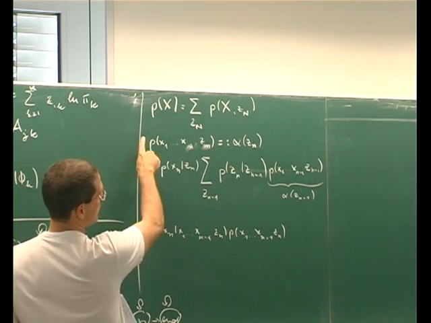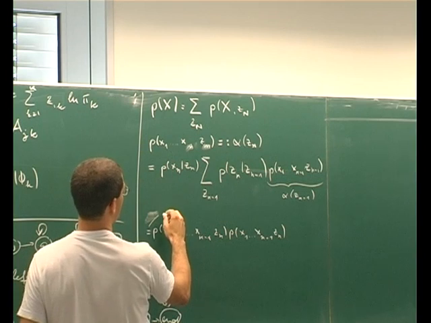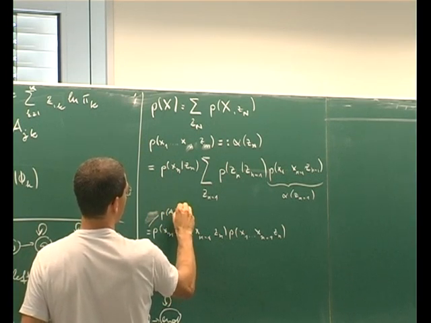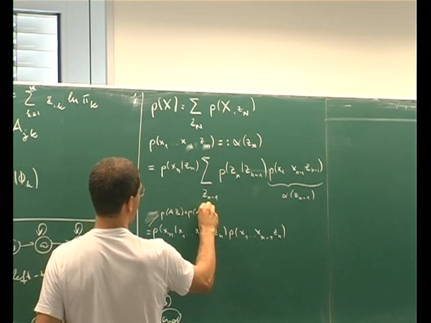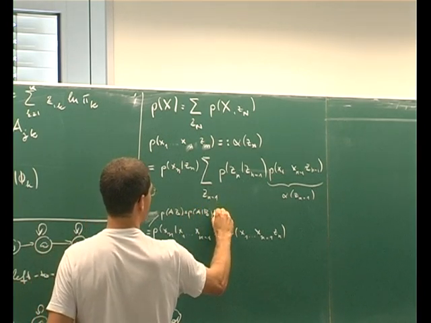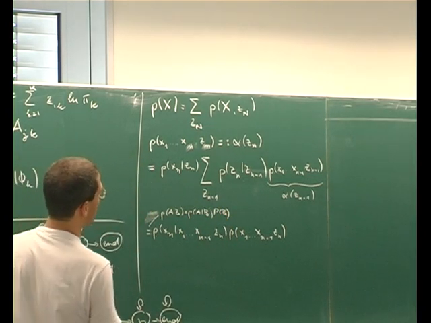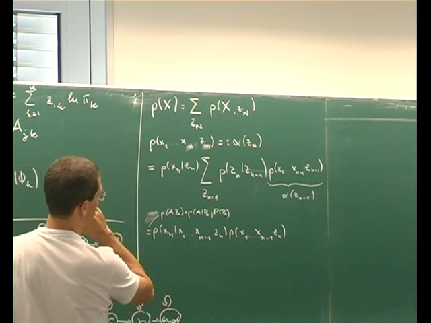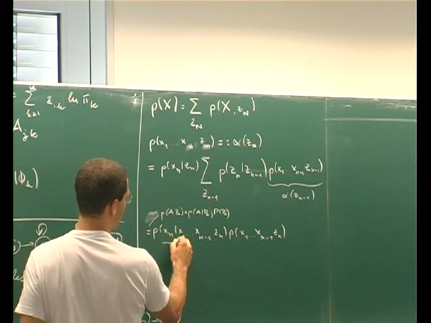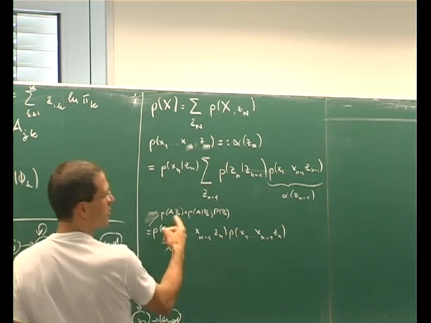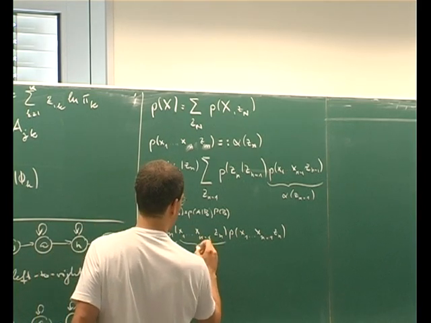So this equality I'm getting from up there by just saying that the joint probability of variables A and B is the same as A conditioning on B times the probability of B. So I'm using this rule here where this xn amounts to A, not the transition matrix, but just the symbol A, and that amounts to B.